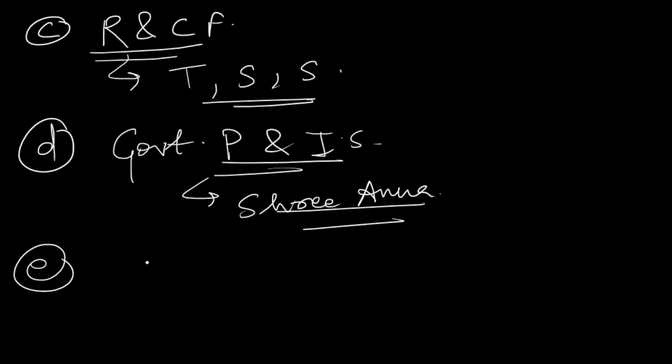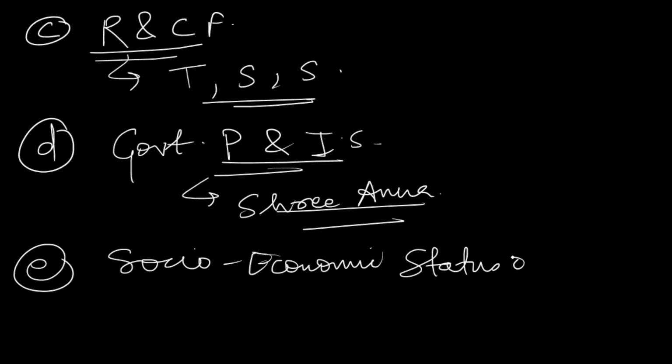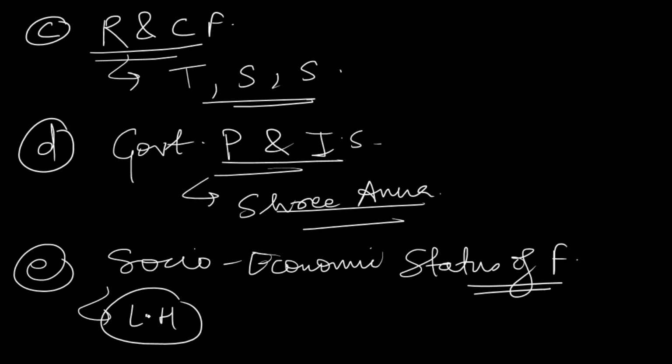Next, socio-economic status of farmers, what kind of land holding it is. Suppose there is a small farmer or a marginal farmer, you cannot expect him to go towards a very risky crop or very resource intensive crops.